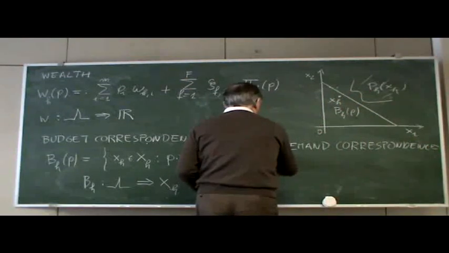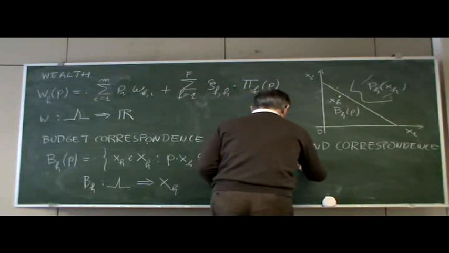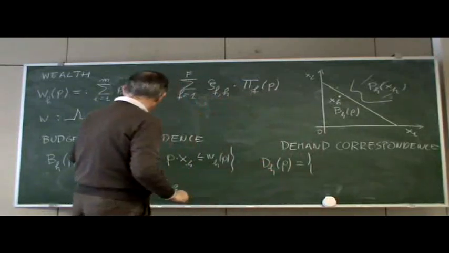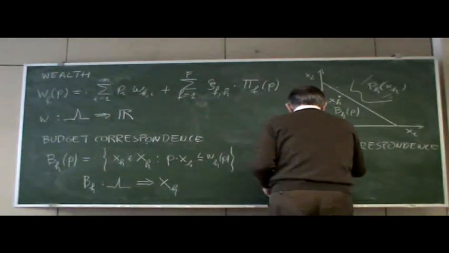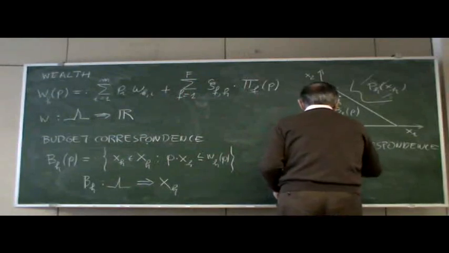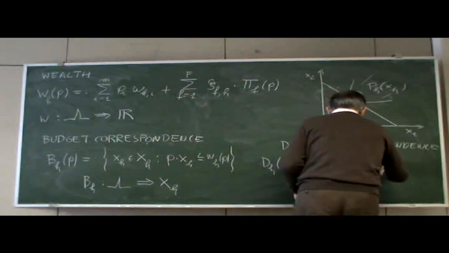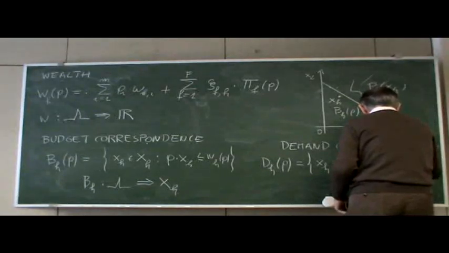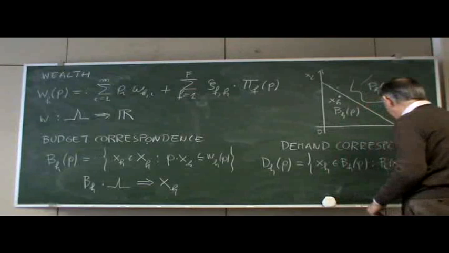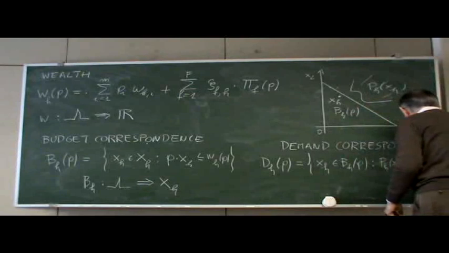Which will be denoted by DH. It associates with every price system P in lambda the set of all the XH which belong to the budget constraint, such that the set of bundles which are preferred to XH, intersecting BH of P, is empty.